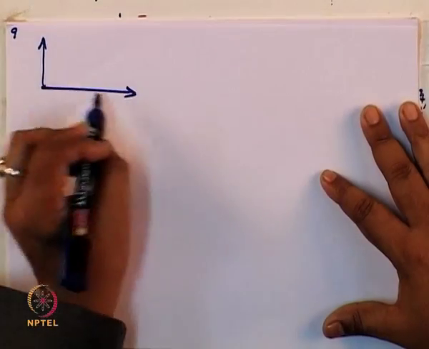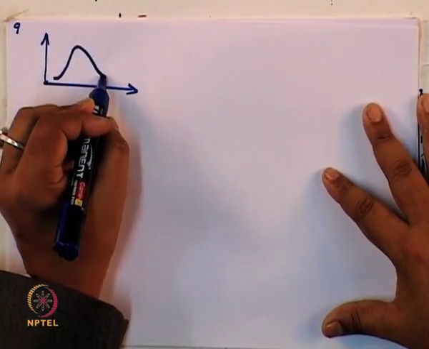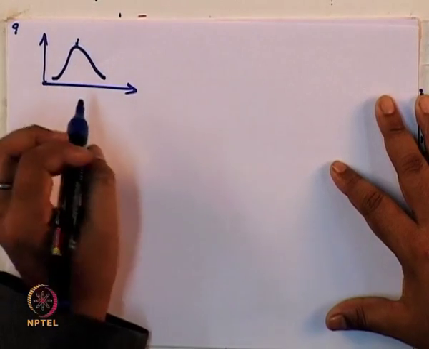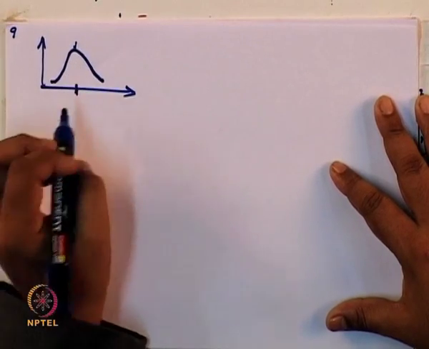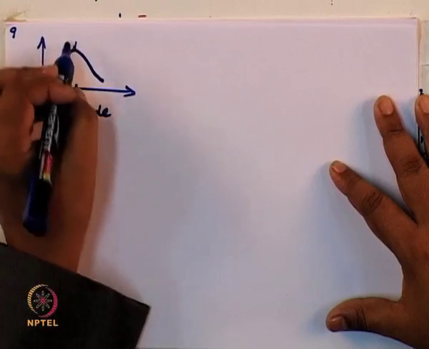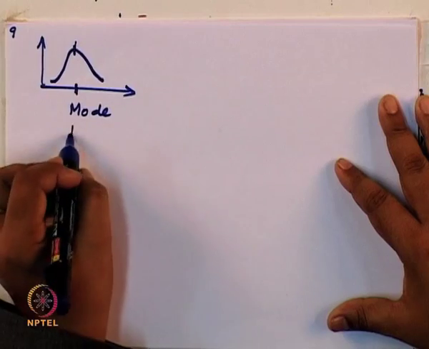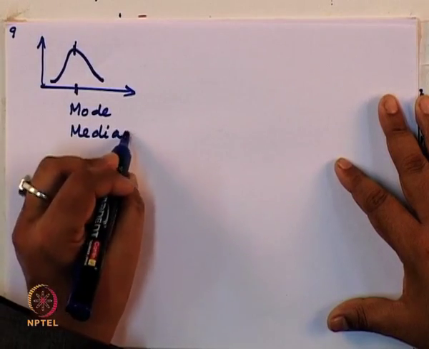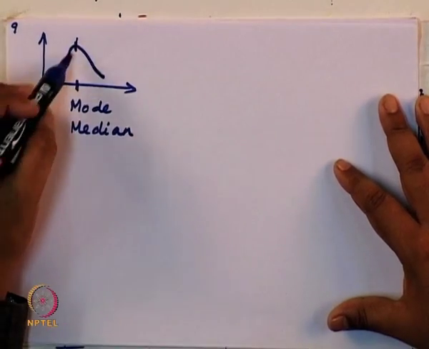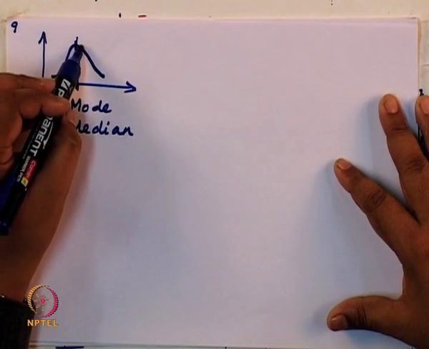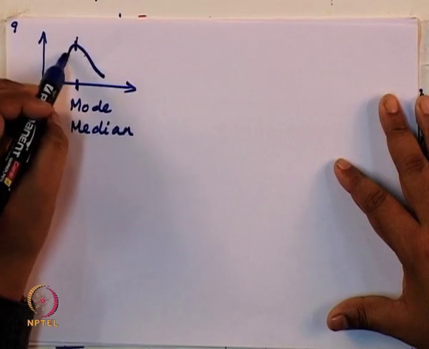And what you can also observe from this distribution, since this is symmetric about the center, this is also the mode. Why? Because this is the maximum occurring value. And this is also the median, because this is a symmetric distribution, and for every point to the left there is another point to the right which is occurring at identical frequency.